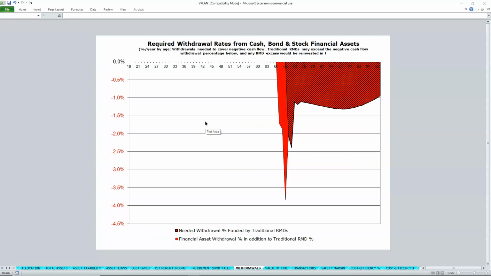The withdrawals graphic is presented as the percentage of total cash, bond, and stock financial assets that would need to be withdrawn in any projection year to cover negative cash flow in retirement. You may have heard of financial advisor rules of thumb, such as the safe 4% withdrawal rate.